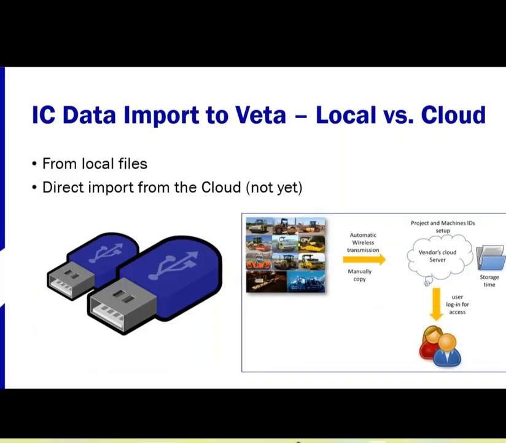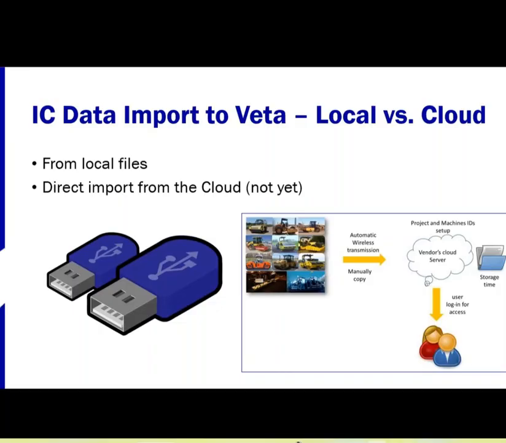And for data to go all the way from the machine to Veta, it can use a local file, as Amanda has shown you in her first example. The local file can be exported either from the machine directly or from the vendor software.